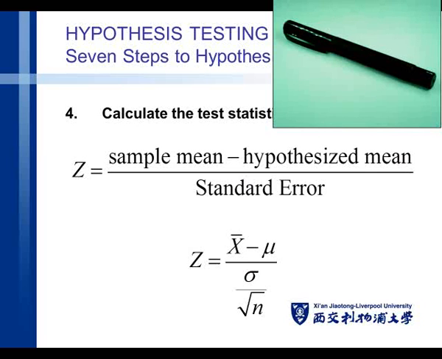So subtract the mean, divide by the standard error, which is the standard deviation of the population divided by the square root of the sample size, okay? This value will have a standard normal distribution, so you can compare it with the critical values from the hypothesis test that you got before. Okay? So this is your test statistic.